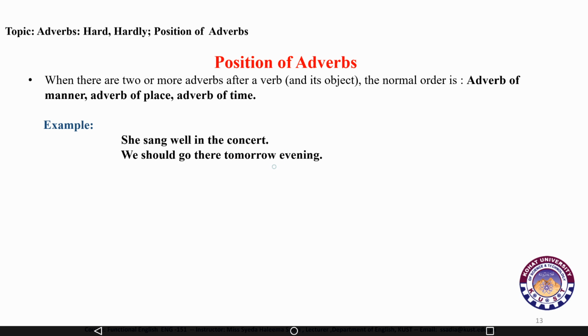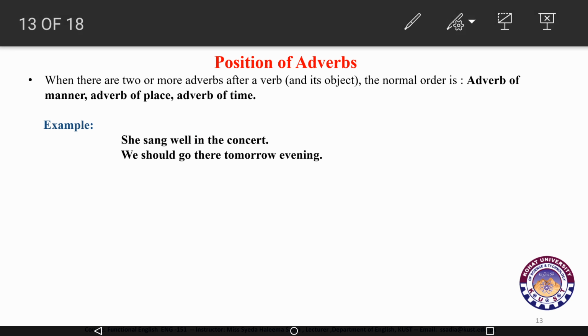Adverb of time. And we cannot see the manner here. Then in the first sentence, she sang well in the concert. So well is what? Adverb of manner, and in the concert is answering the question where. So it's an adverb of place. So it's actually clear from these sentences.